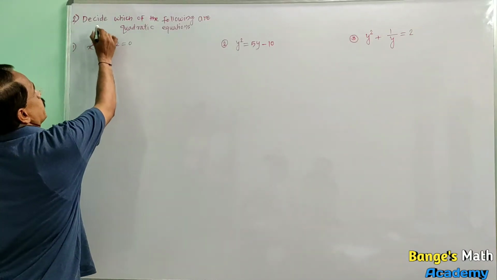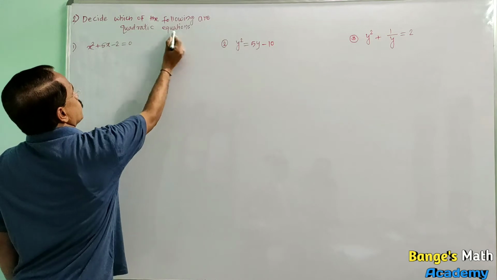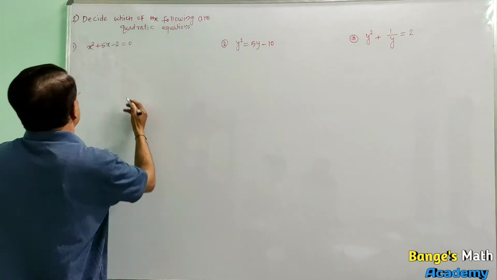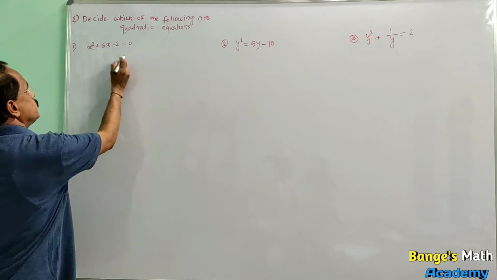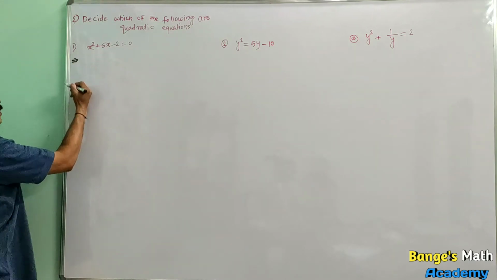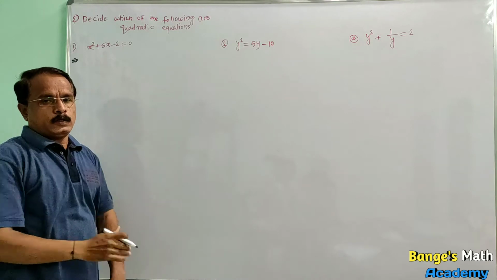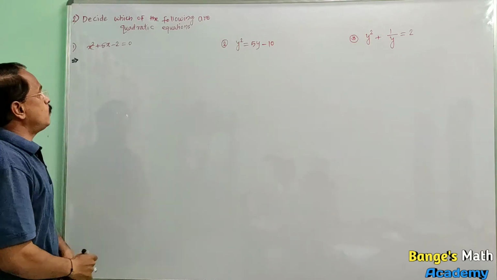Question 2. Decide which of the following are quadratic equations. First example, x square plus 5x minus 2 is equal to 0. We have to decide whether this equation is quadratic or not.